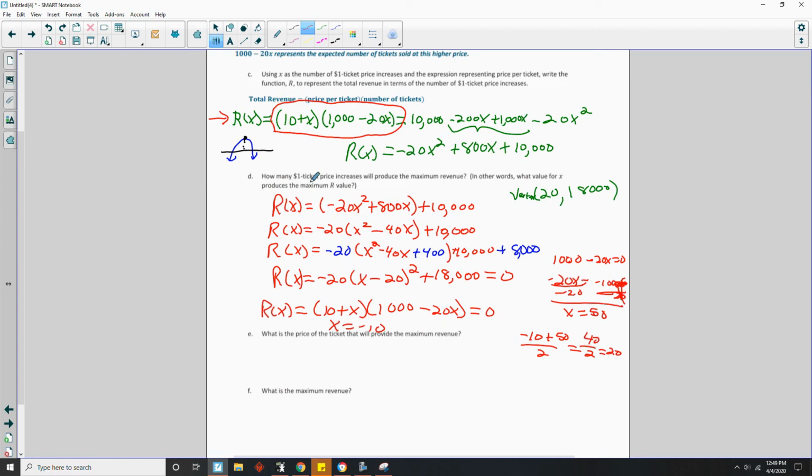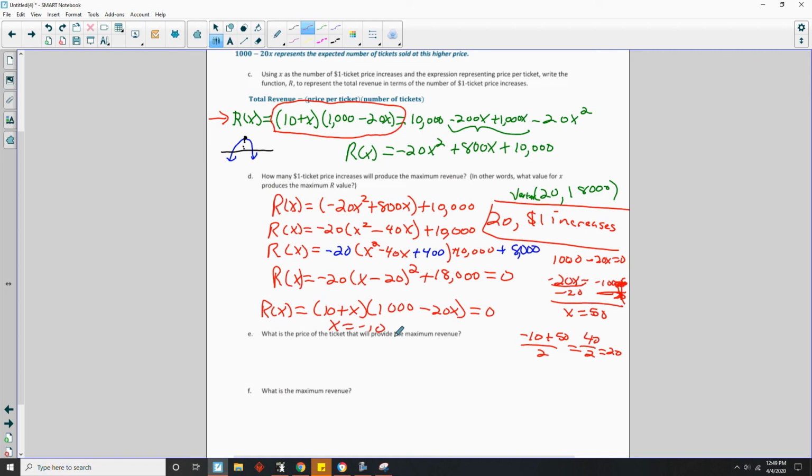Okay, so it says how many $1 ticket price increases will produce the maximum revenue? 20. So the answer is 20 $1 increases. So I'd say, put the answer here. 20 $1 increases. Okay.